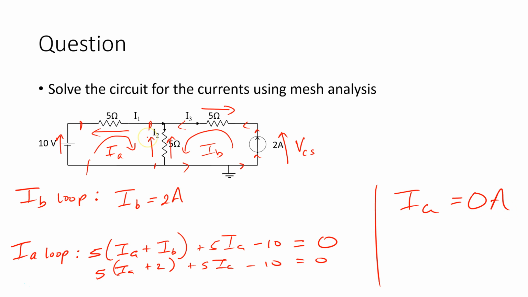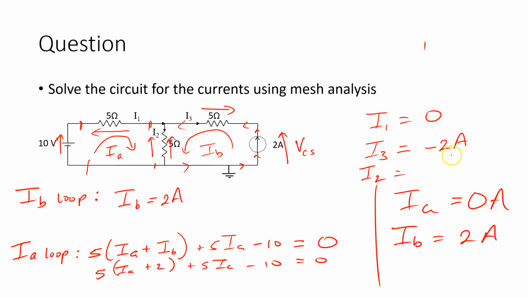And if IA is 0 amps and IB is 2 amps, then I could solve for I1, I2, and I3 because I know I1 is equal to IA, so I1 is equal to 0. I3 is equal to minus IB because they're going in opposite directions, so it is minus 2 amps.